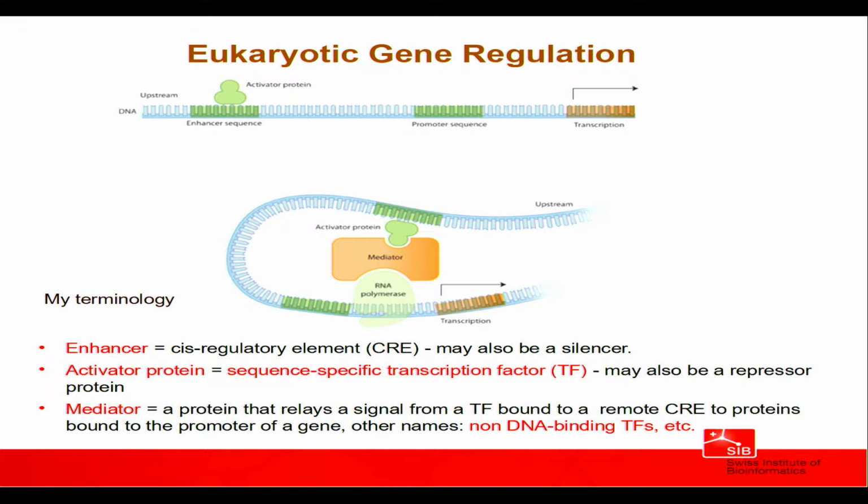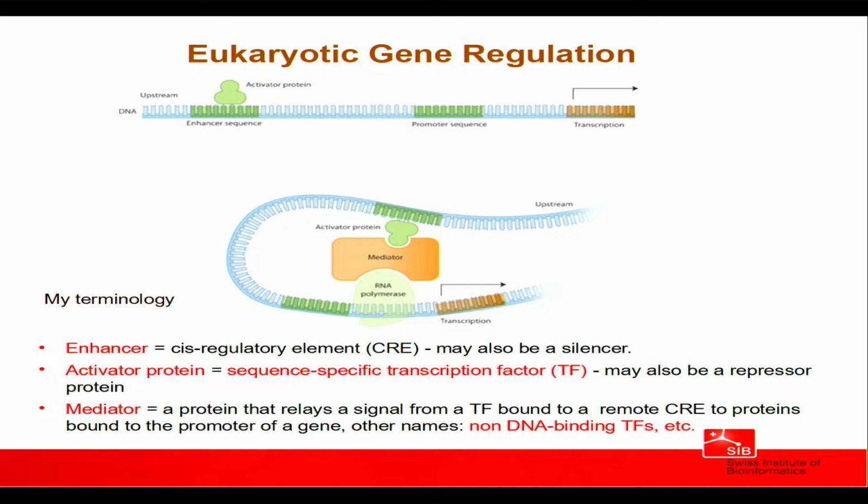It depends on genetic elements that may be far away from the promoter. And if I say far away, it can be several megabases. It can be a distance which involves many genes.